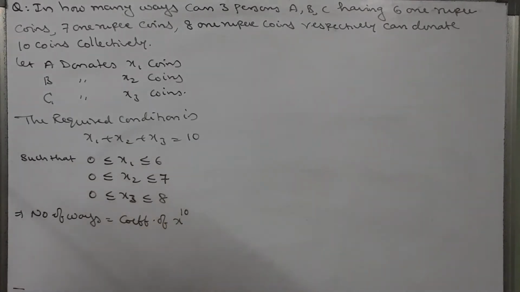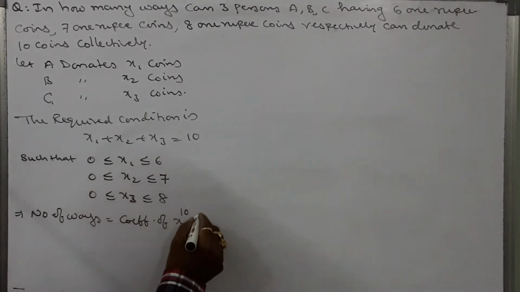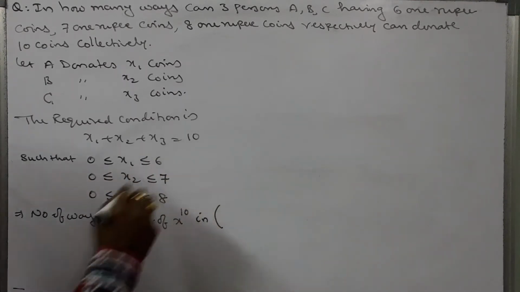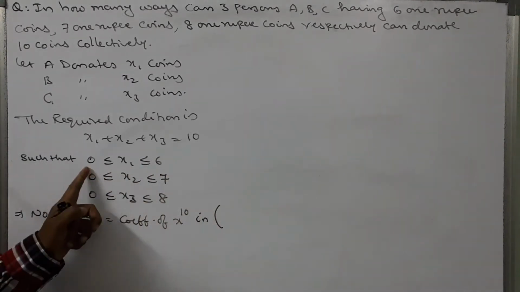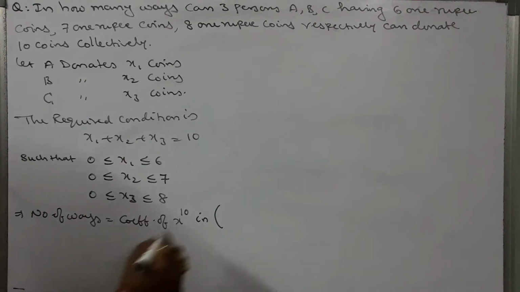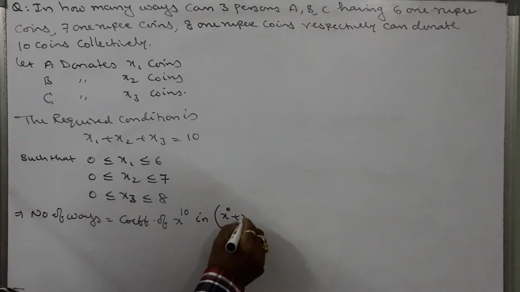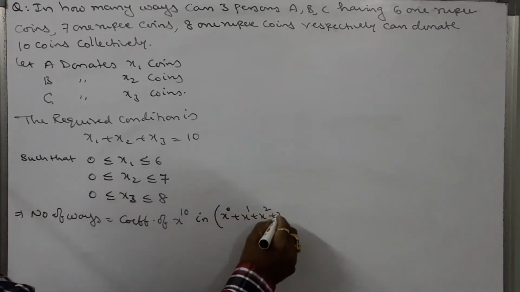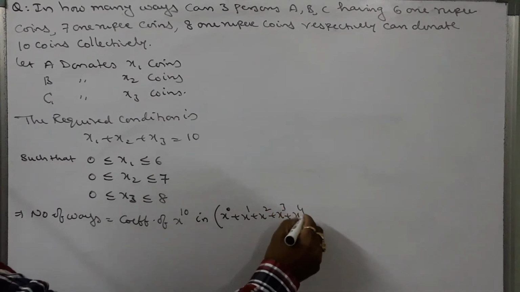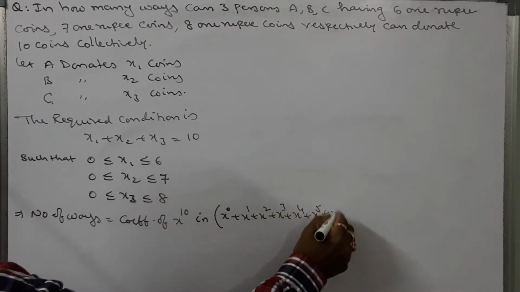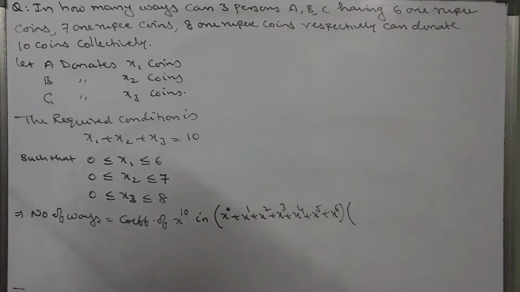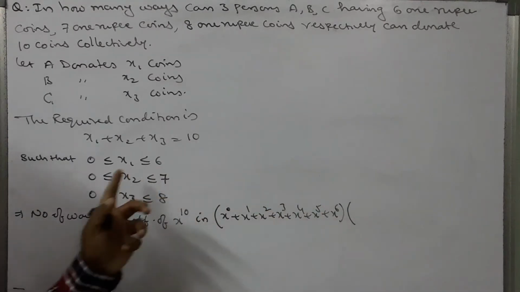So the coefficient of x power 10 in, first I am taking the first variable. What are the possibilities for the first variable? 0 to 6. That means x power 0 plus x power 1 plus x square plus x cube plus x power 4 plus x power 5 plus x power 6, because 0 to 6 are possible for the first variable.